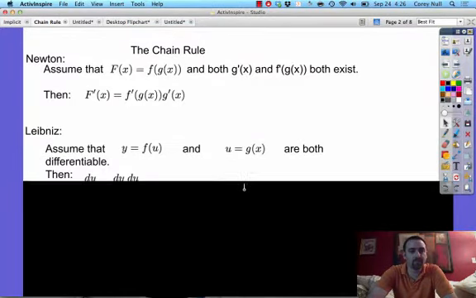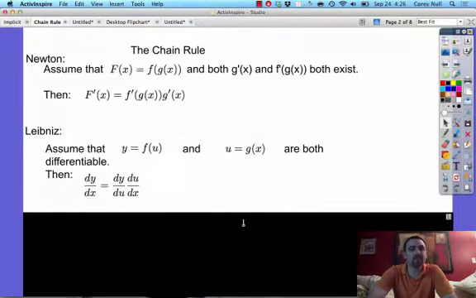Here's another way to write it. This is how Leibniz would have written it, which I actually think is in some ways more intuitive. Assume that y is the function, and y has an outside function, which is f, and an inside function, which is u. They're both differentiable, so that's the exact same assumption as in the Newton version.